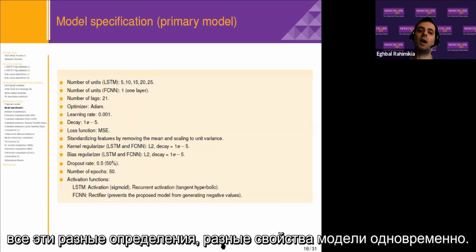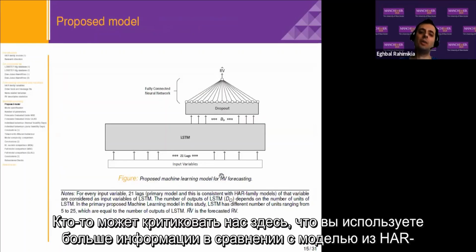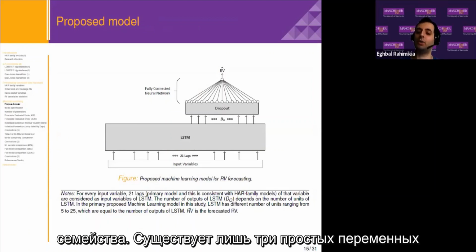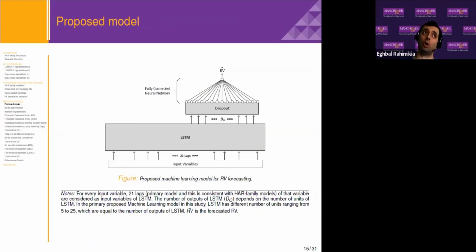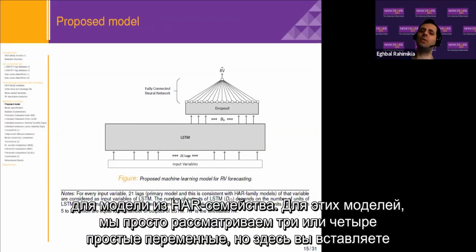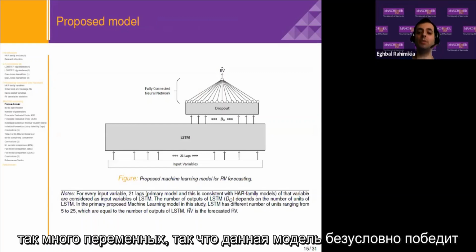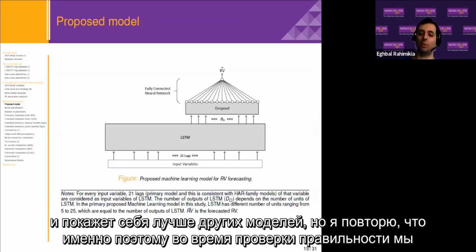At the same time, someone may criticize us: you are using more information here compared to our family models. For our family models, we just consider 3 or 4 simple variables, but here you are inserting so many variables at the same time, so definitely this model is going to beat those models.